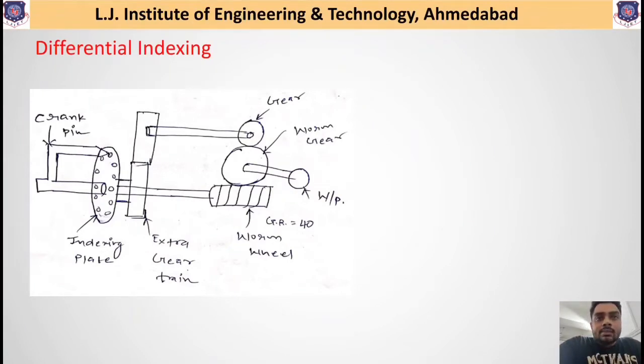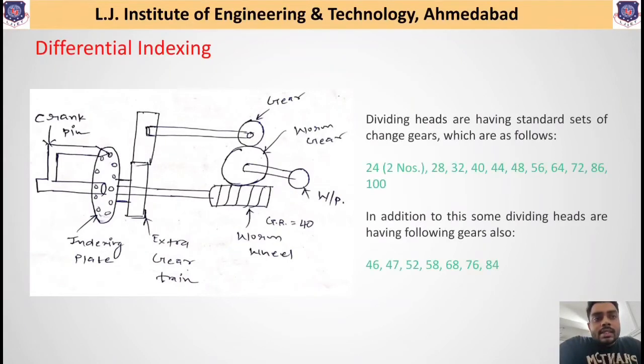The standard gears available in the dividing heads have teeth of 24, with two sets available having 24 teeth, and other gears that have teeth of 28, 32, 40, 44, 48, 56, 64, 72, 86 and 100, and all these numbers you must memorize.